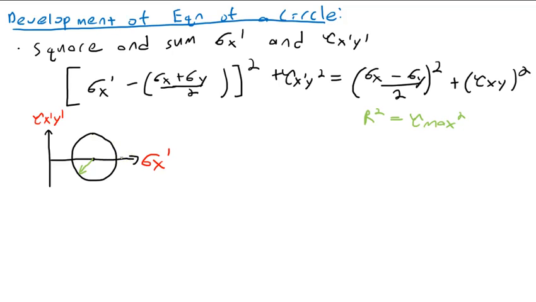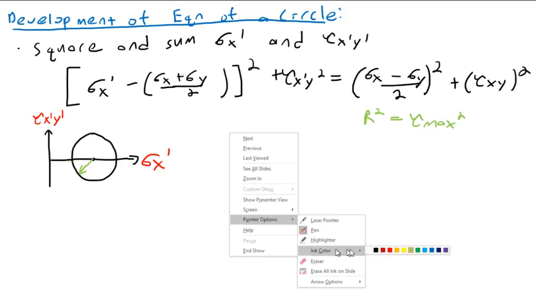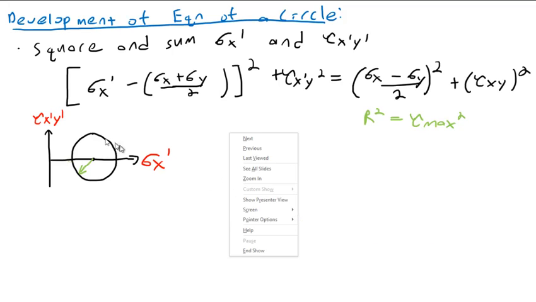So when the normal stress is at a maximum, that's this point here, or at a minimum, this point here, the shear stress is going to be 0. So the center of this circle is going to be at some point along the sigma x prime axis. Essentially, we are plotting normal versus shear stress, using the normal as an x-axis and the shear as a y-axis.